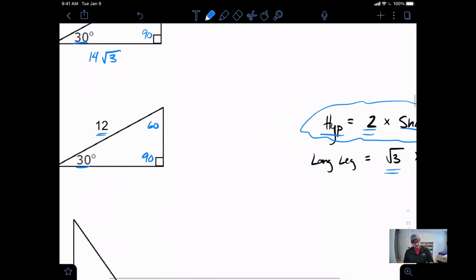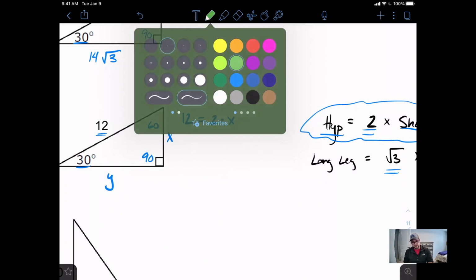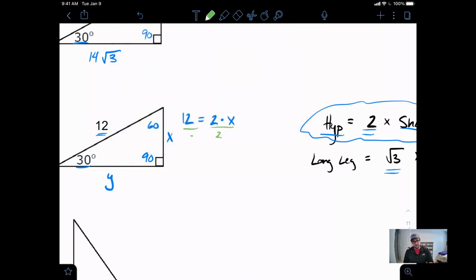So in this situation, since 12 is our hypotenuse, 12 is going to be equal to 2 times, let's just call this x. We'll call this one y. So to solve this, we're trying to get x alone, so I want to come over here and divide by 2, and divide by 2, and I'll find out x equals 6. So this is equal to 6.